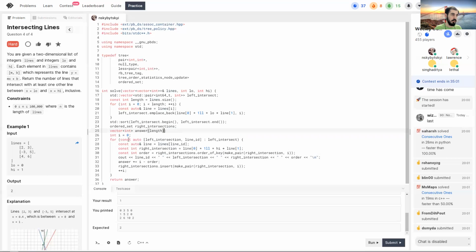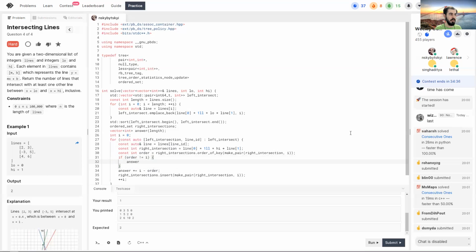Okay, so we have answer like this. Here, the line intersects with at least something if order not equals I, then answer line ID gets 1.